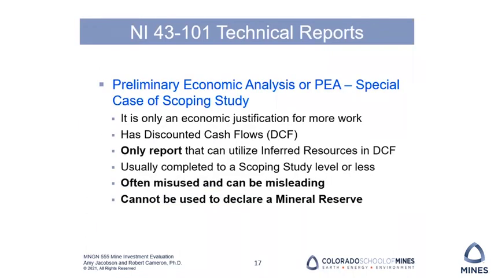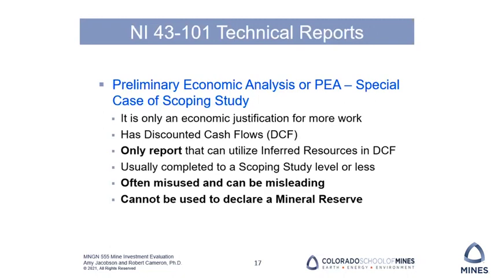And then there's a special NI 43-101 technical disclosure report, and that is called a preliminary economic analysis, or PEA. And this is a special case of a scoping study. It's usually not done to a pre-feasibility or a feasibility level.